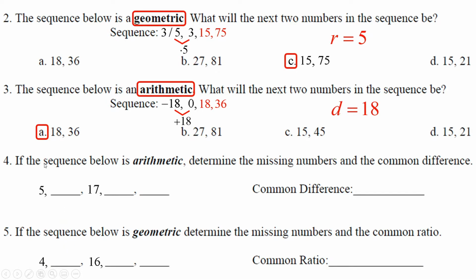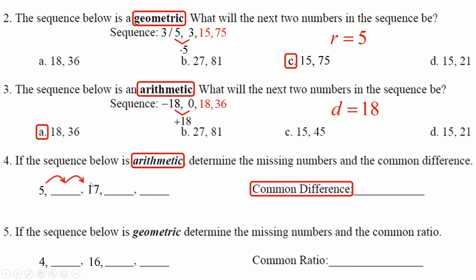Interesting. So, if the sequence below is arithmetic, determine the missing numbers and the common difference. They're saying arithmetic, so I have a common difference. Okay, now in 2 steps, I went from 5 to 17.